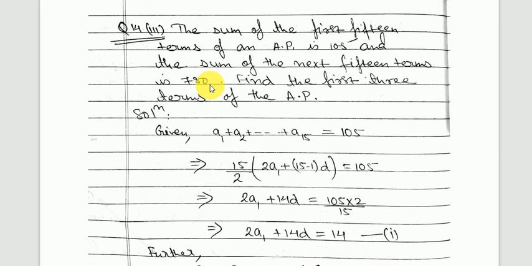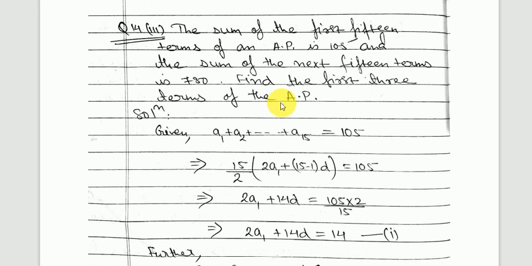So that means altogether there are 30 terms, and sum of the first 15 terms is 105. And then when you take the sum from the 16th term onwards, you get 780. So they want you to find the first 3 terms of an AP. In order to find the first 3 terms of an AP, you should be knowing the first term and you should be knowing the common difference.